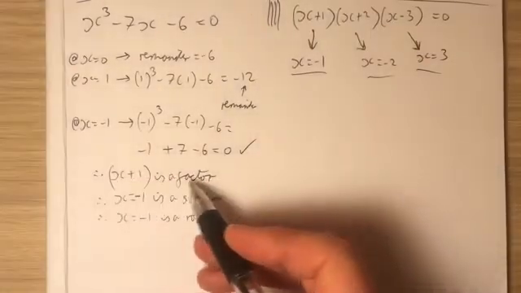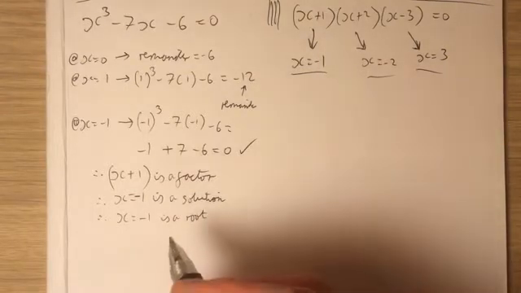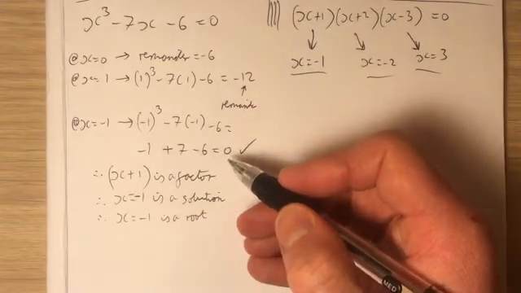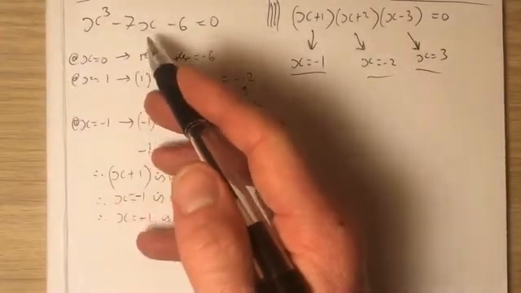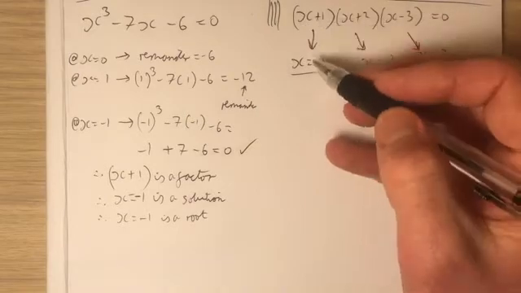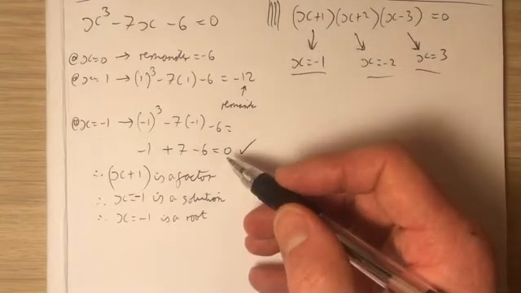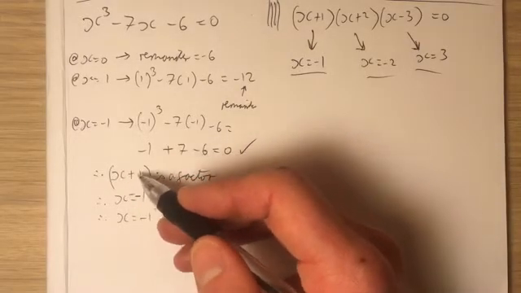This is a very, very important observation, okay? If I put in -1 and I get the answer 0, that means somewhere in this polynomial, in this expression, the x plus 1 term has to fit in there. Because the only way that you can get the answer 0 when x is -1 is to add 1 to that value.